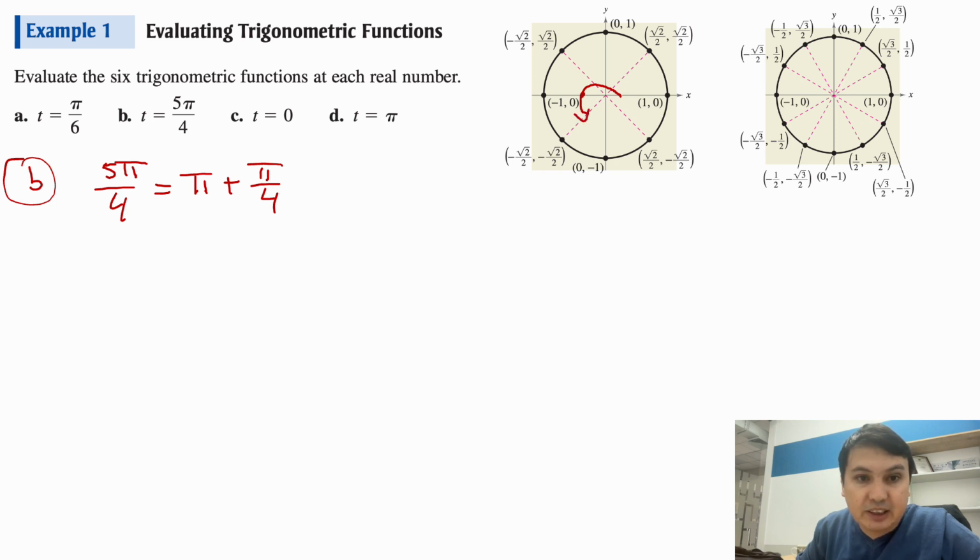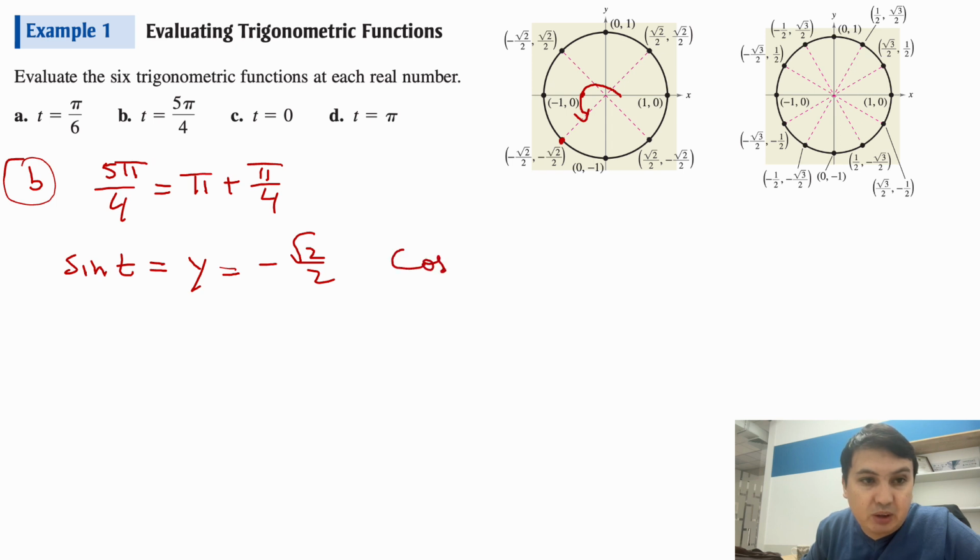So this is your xy coordinate. Both of them are minus square root of 2 over 2. So for example, again, similarly, sine of t is its y coordinate, so it's minus square root of 2 over 2.